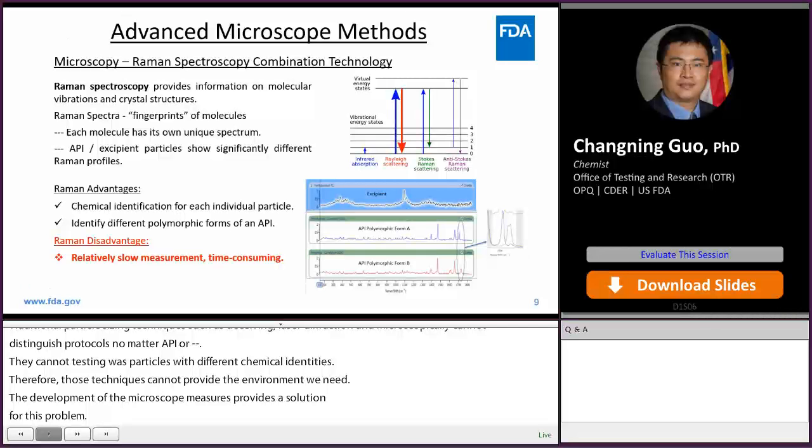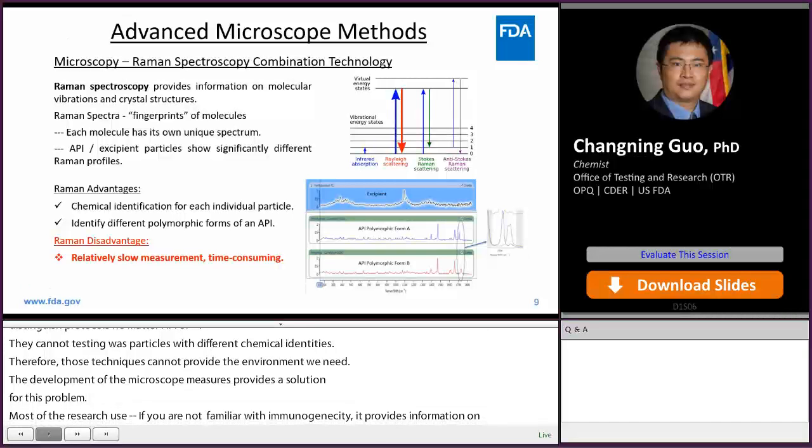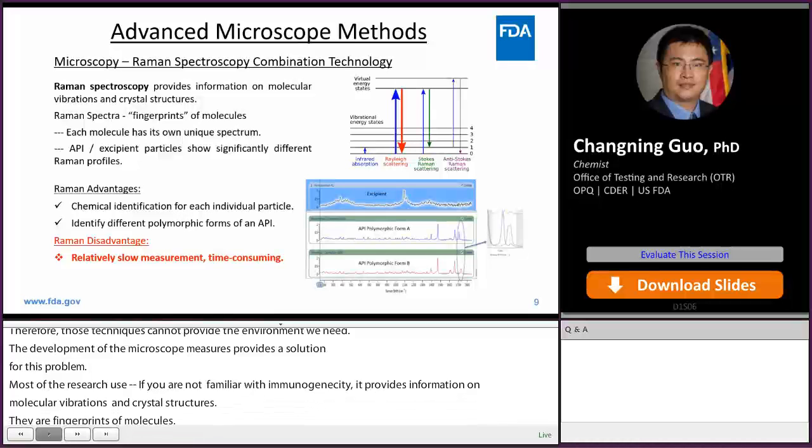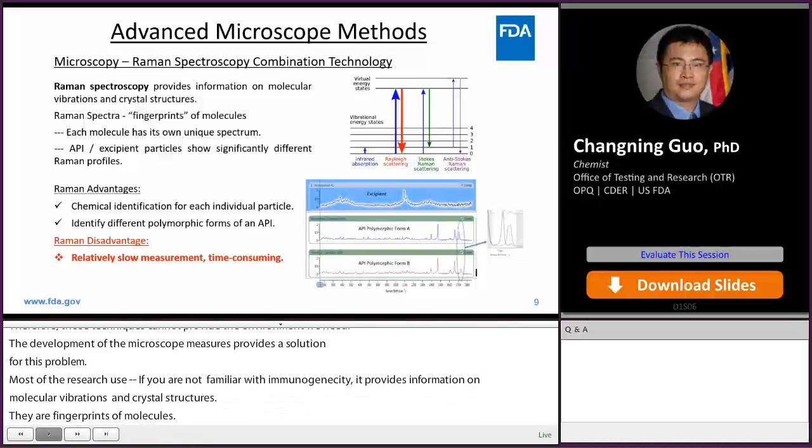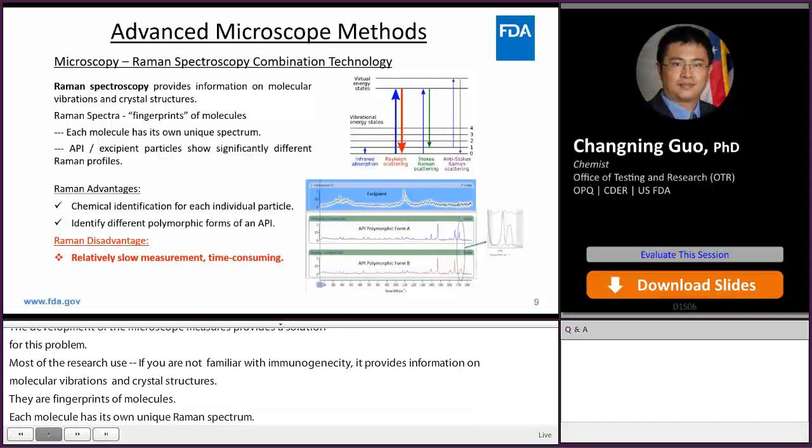Raman spectra are fingerprints of molecules. Each molecule has its own unique Raman spectrum. API and excipient particles show significantly different Raman profiles, therefore they can be easily distinguished. Combining Raman with microscope gives the microscope additional chemical identification power.